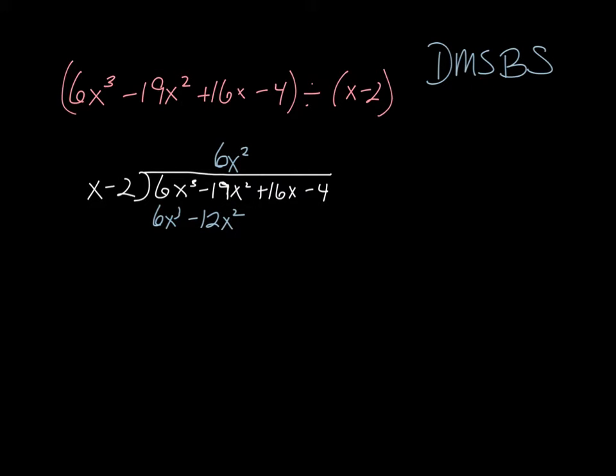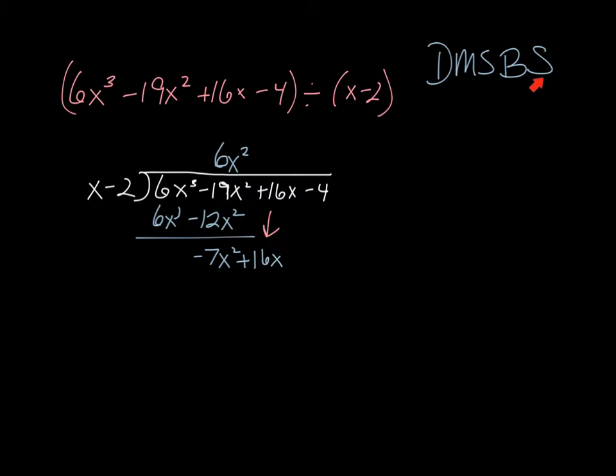Next step is we subtract. 6x cubed minus 6x cubed is gone, that's 0. Negative 19x squared minus negative 12x squared, we're going to be very careful with our negatives, will be negative 7x squared.